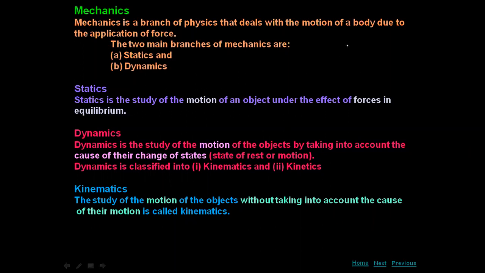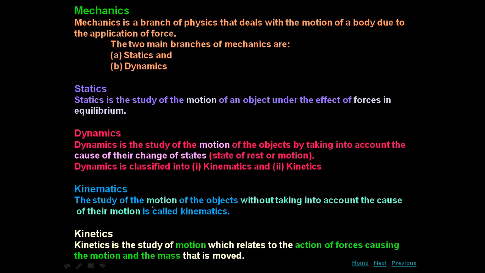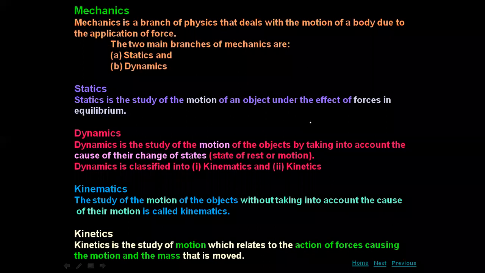That is chapter number 3. And the next is kinetics. That is also a branch. Kinetics is the study of motion which relates to the action of force causing the motion and the mass that is moved. So kinematics and kinetics both are the branches of dynamics, and dynamics is the branch of mechanics.